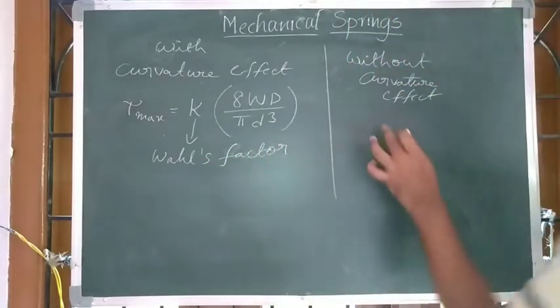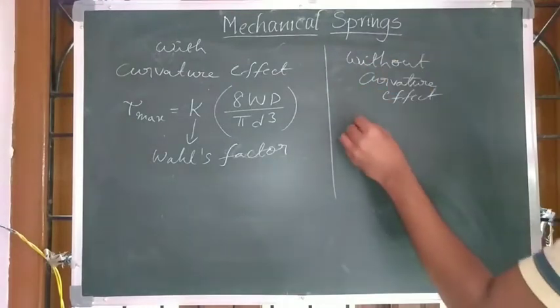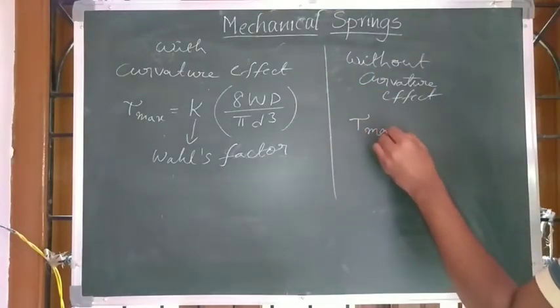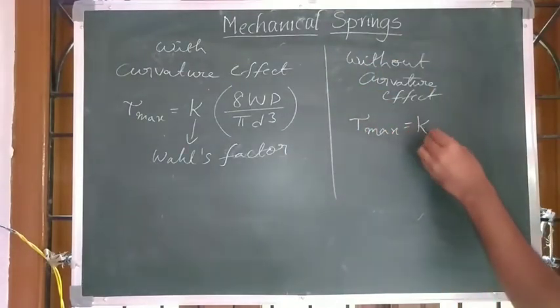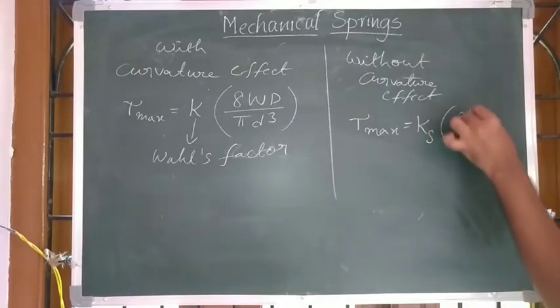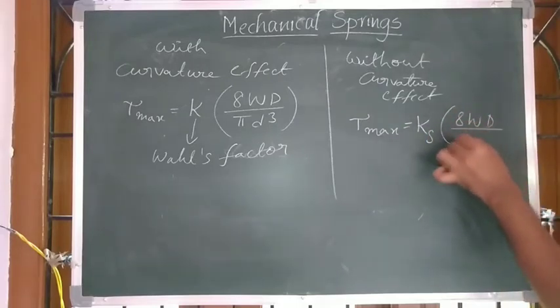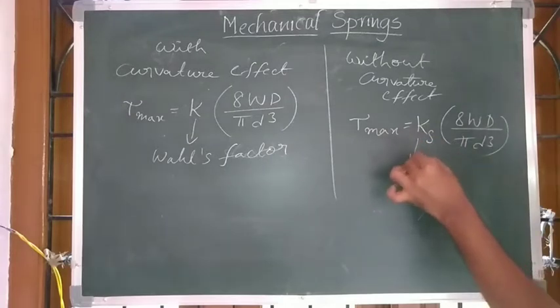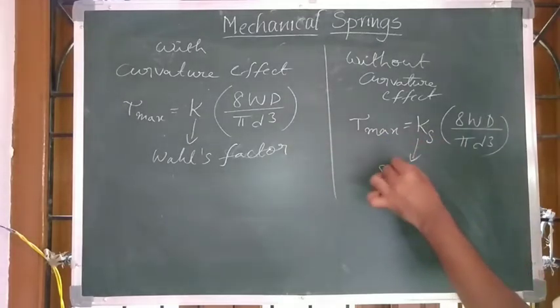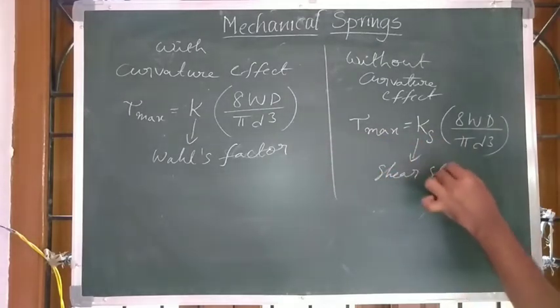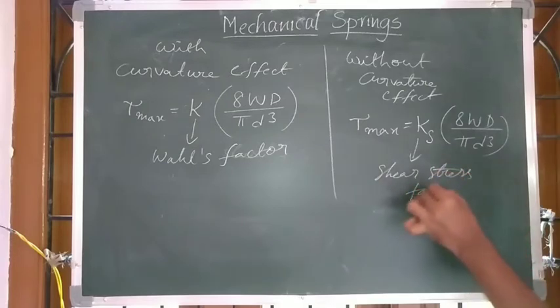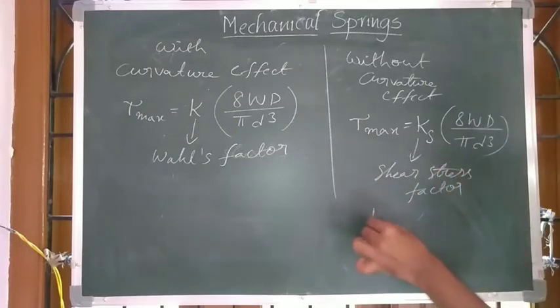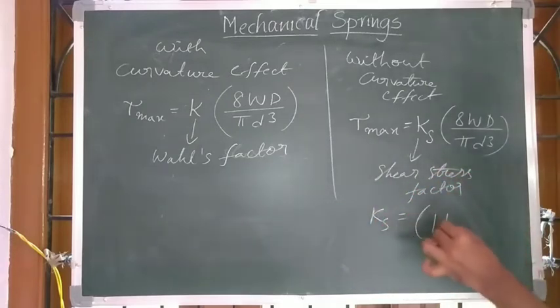Without the curvature factor, the maximum shear stress is equal to Ks into 8WD by pi d cube. Here Ks means, instead of Wahl's factor, we consider the shear stress factor. What is the formula for shear stress factor? 1 plus 1 by 2C.